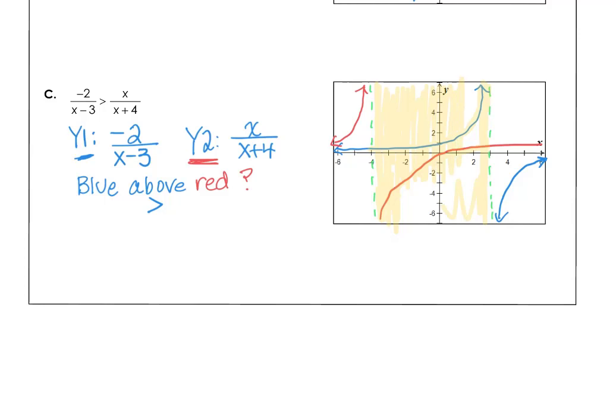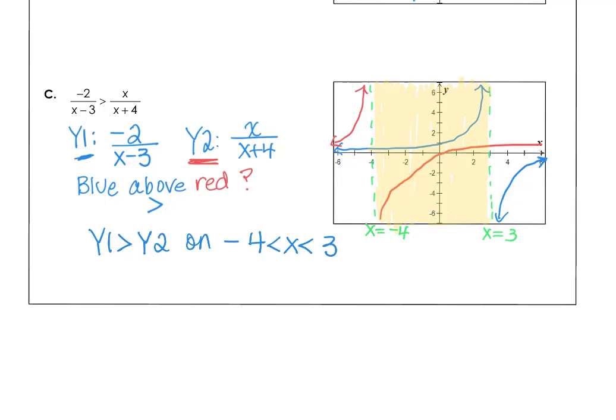So where is the blue graph above the red graph? And it happens in all of this shaded region. The blue y values are greater than all the red y values. And to answer the question using interval notation, we can say y1 is greater than y2 on the interval from -4 to +3, because we knew that -4 was a vertical asymptote and +3.